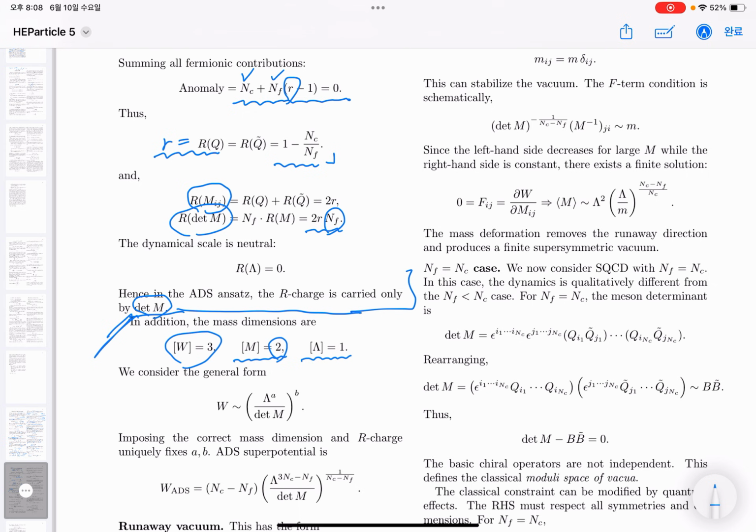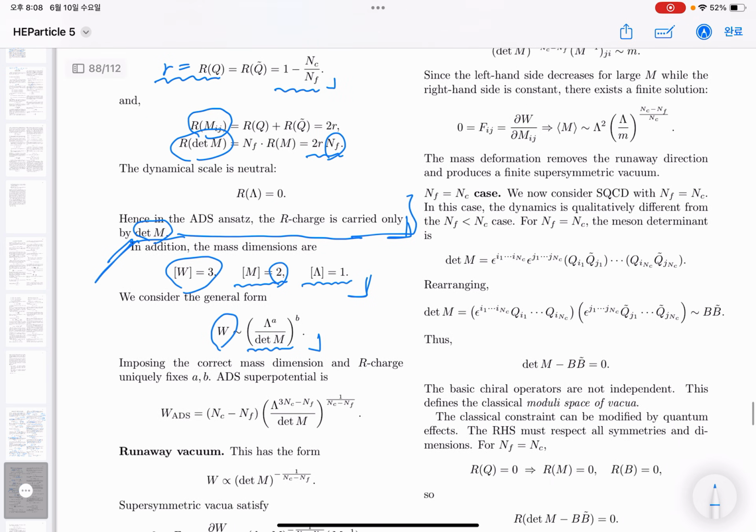So by considering all of these mass dimensions and R charges under the flavor symmetry, the superpotential depends only on the determinant of the meson, and the general form is given like that. We can determine the exponents A and B by requiring the correct mass dimension and R charges, and the ideal superpotential is uniquely determined by the following form.